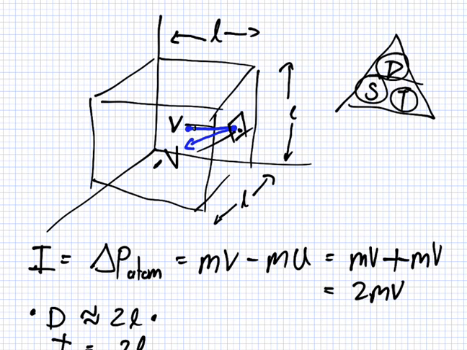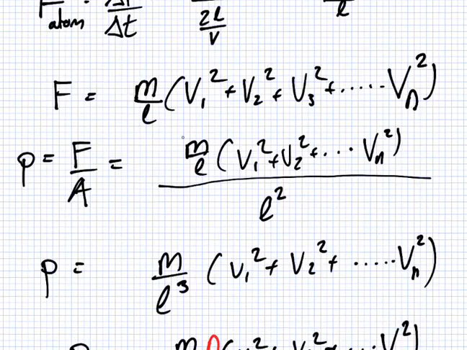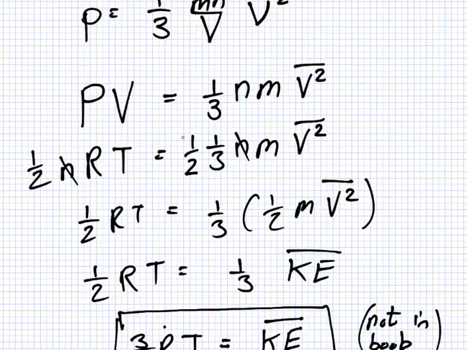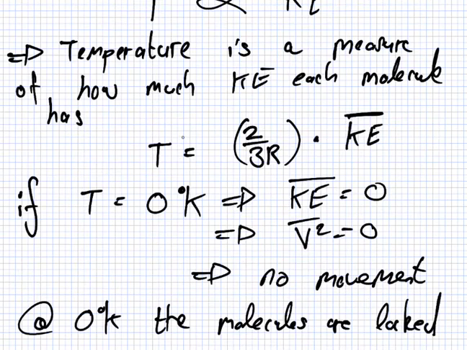The force of the atom changing its momentum when it hits the wall. The proof is not on the exam, but they might ask you something that tests your knowledge about this proof. Okay? So they could say something about the pressure, or they could say something like what does temperature measure?